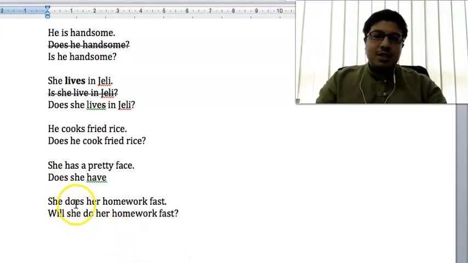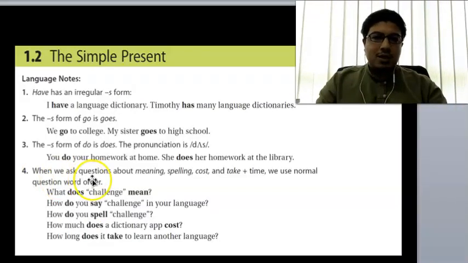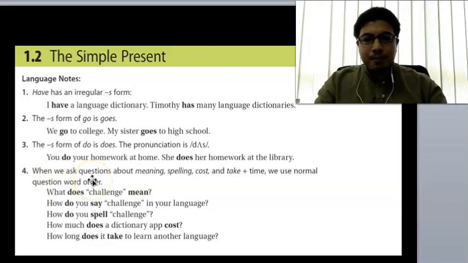So although she does, when you put it in a question, when you have will, would, may and might, can or could, or shall or should, the verb becomes the base form. So does becomes do. So those are the things that you need to pay attention to.